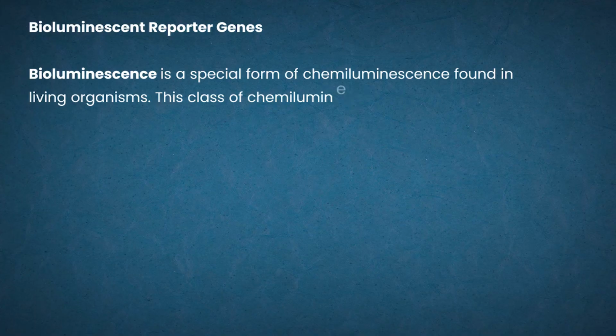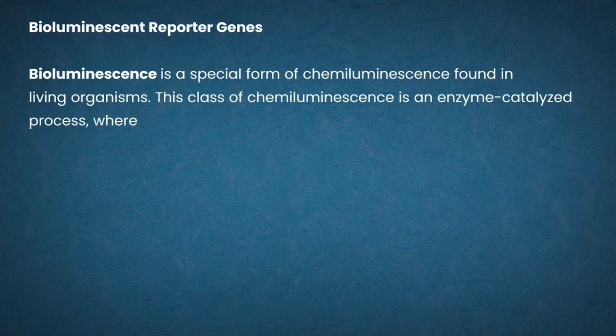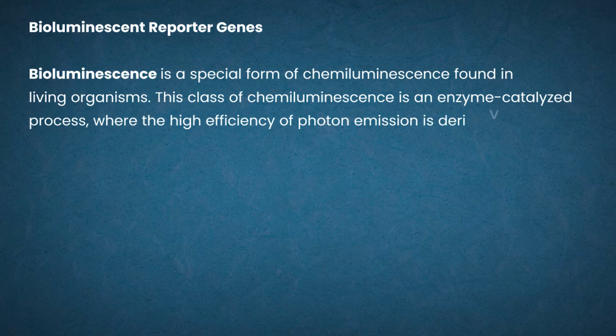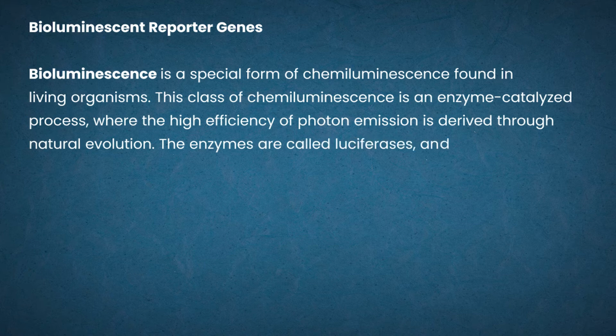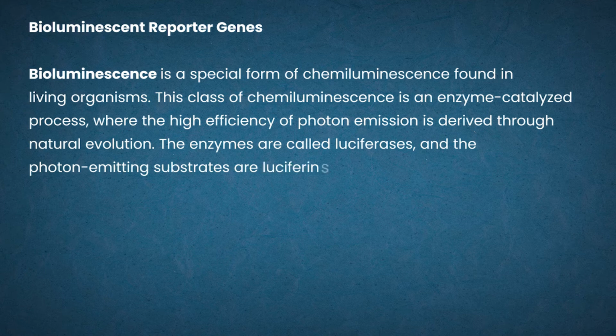This class of chemiluminescence is an enzyme catalyzed process where the high efficiency of photon emission is derived through natural evolution. The enzymes are called luciferases and the photon emitting substrates are the luciferins.